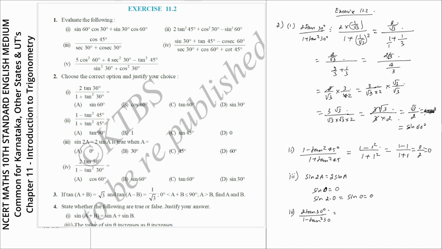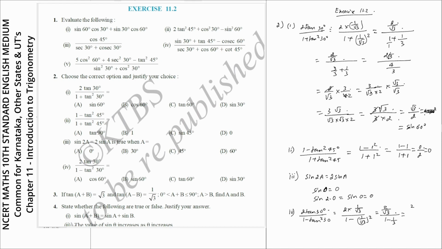The next sub question is 2 tan 30 divided by 1 minus tan square 30. This is equal to 2 into tan 30, and tan 30 is 1 by root 3, divided by 1 minus 1 by root 3 the whole square. So this is 2 by root 3 divided by 1 minus 1 by 3.